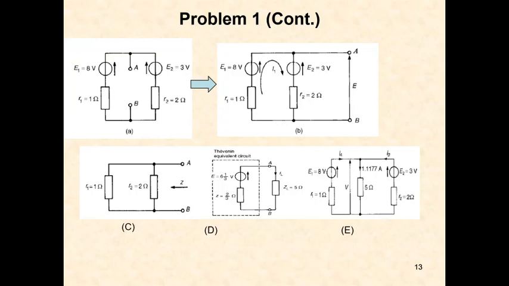And we are replacing the circuit by a single impedance. The two voltage sources are short circuited, and 1 ohm and 2 ohms are connected in parallel, which gives 2 by 3. And the voltage source is 6 1 by 3.